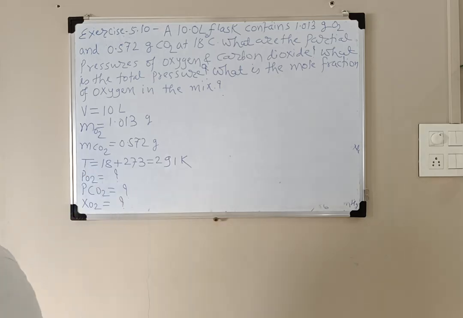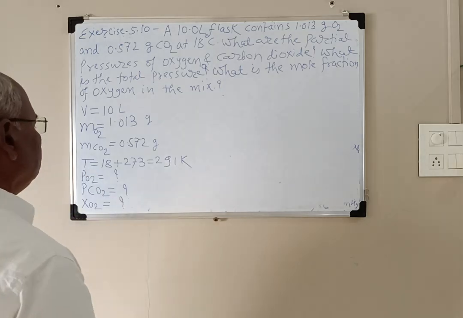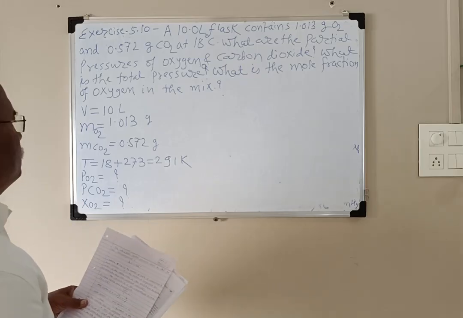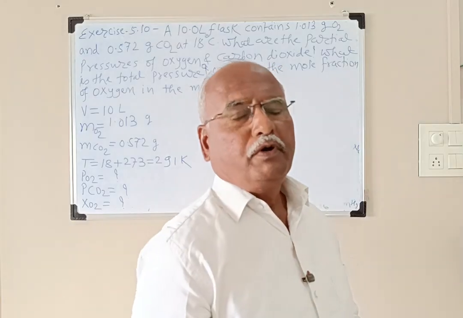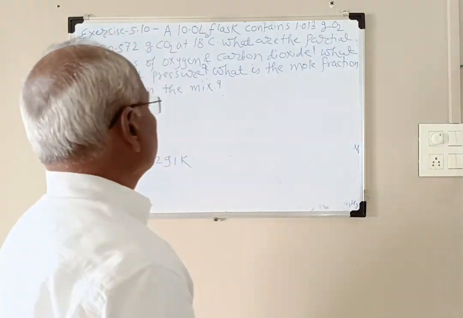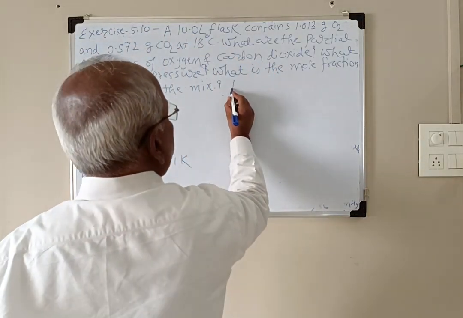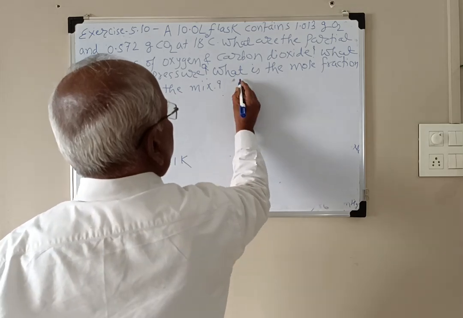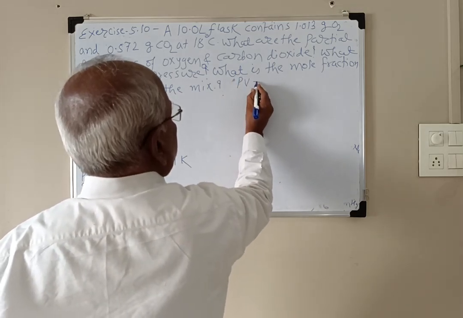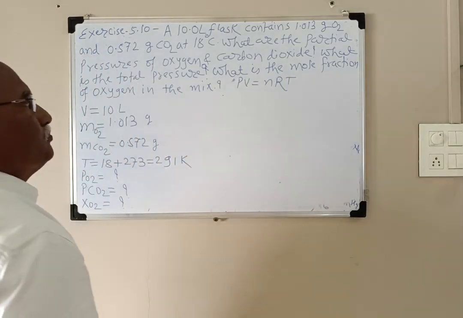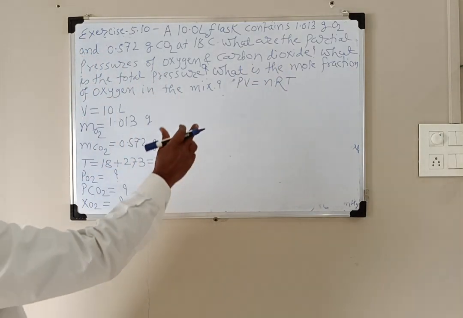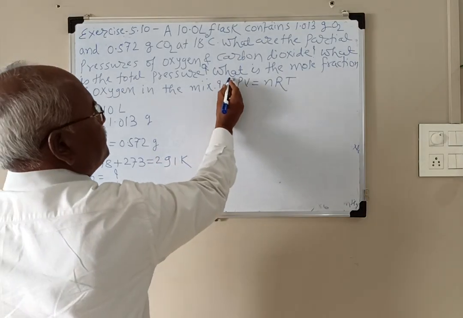That is equal to question mark. So, solve this problem. First, according to the equation PV is equal to nRT, we want to solve this problem by using this relation.